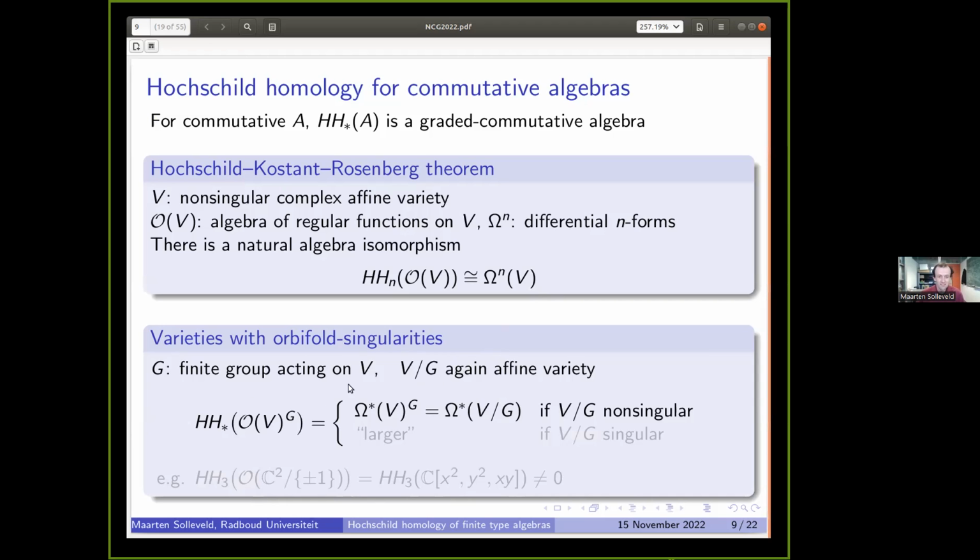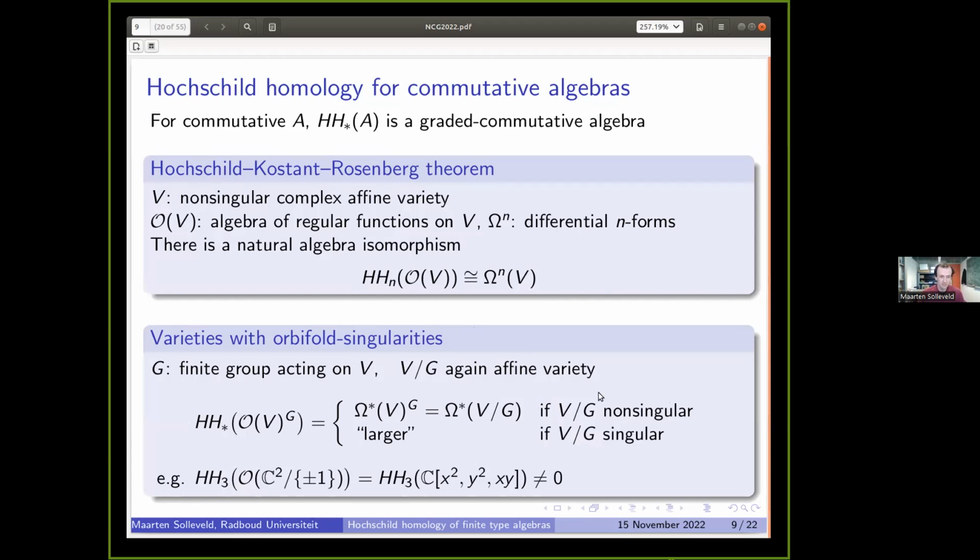The algebra of functions on V modulo G is thus the G-invariant functions on V by definition. If you want to compute the Hochschild homology of that, it's actually not so easy. It works well in the case that this quotient is really non-singular, so then you can apply the Hochschild-Kostant-Rosenberg theorem and you get this outcome. But in cases where this quotient is singular, I'm not even sure what comes out.